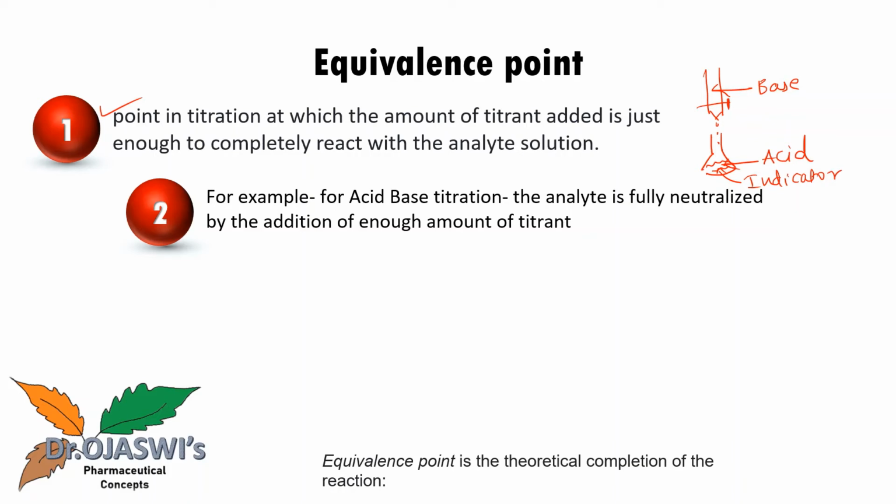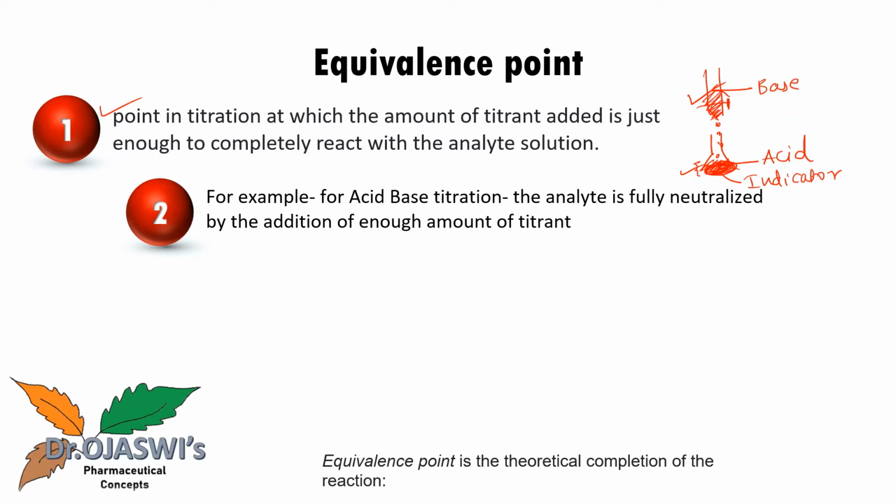Okay, that means I am adding enough base to this acid so that the full acid which is present in this flask is neutralized. Okay, so basically the volume of base, in this particular example, required to completely neutralize the acid present in the flask, that theoretical volume is the equivalence point.